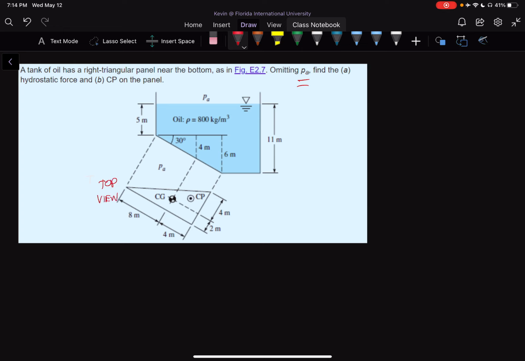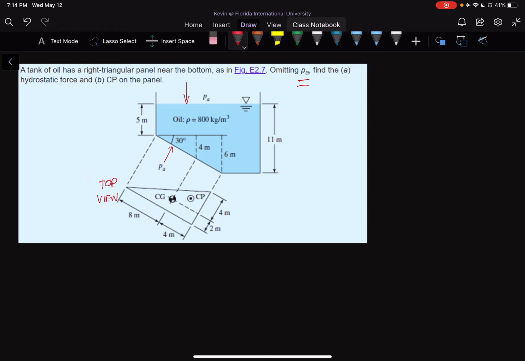It is at a certain angle, but it also is triangular. So it's not like a square panel, okay? So just make sure that you understand that. This is as if you were viewing from the top from here. Okay, and we can see that the pressure atmospheric is occurring on both sides, so they tell you to omit it. That makes sense. So let's see how we can solve this problem.